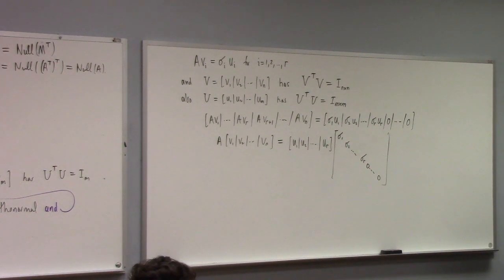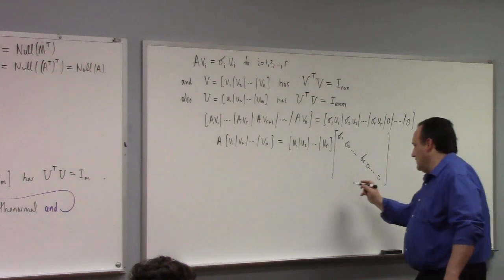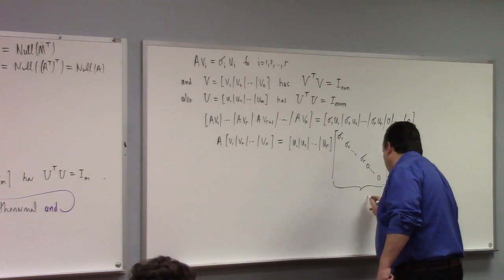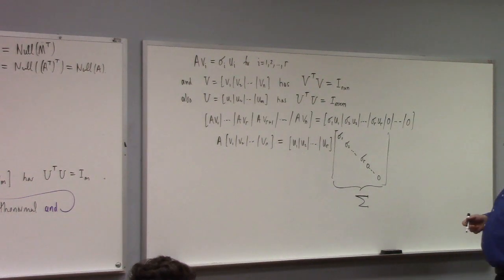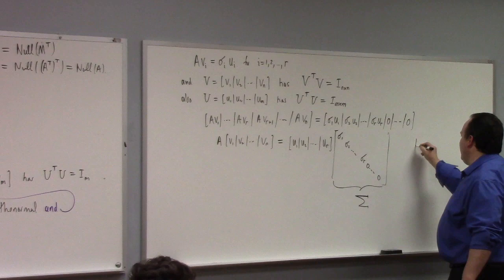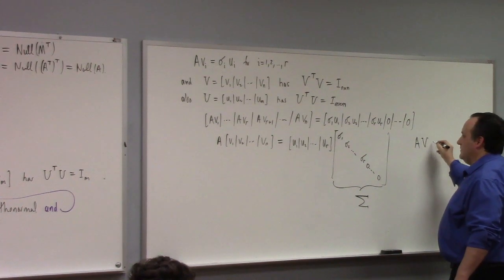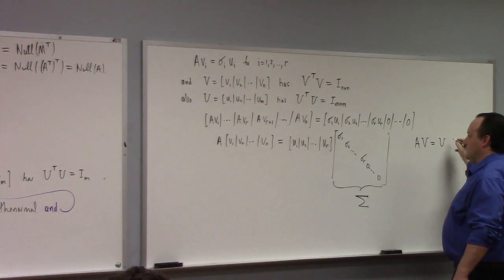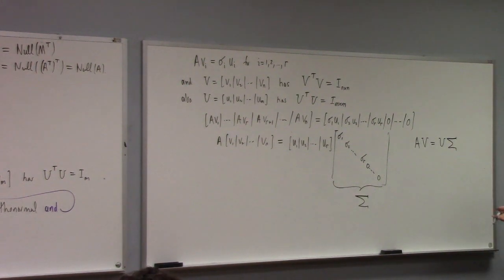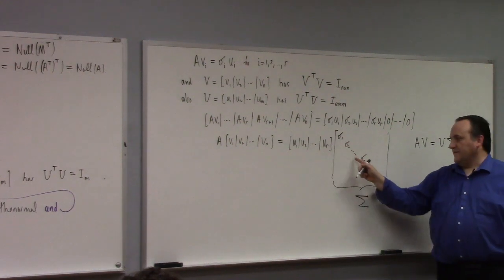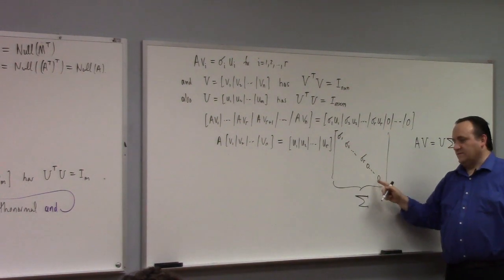Now this right here is what is called, in the nomenclature, Sigma. And just to rewrite what we have: A times V is equal to U times Sigma, where this Sigma has the singular values on the diagonal followed by zeros afterward.